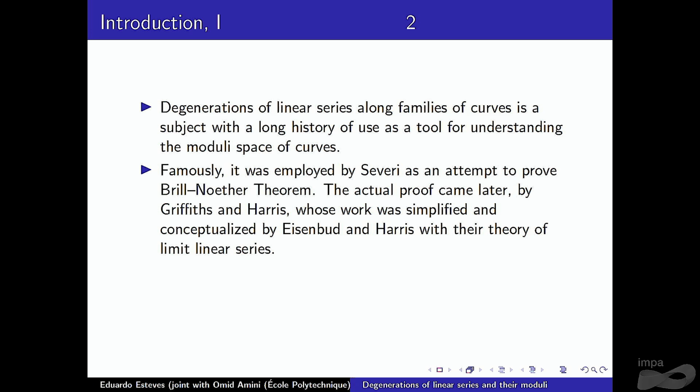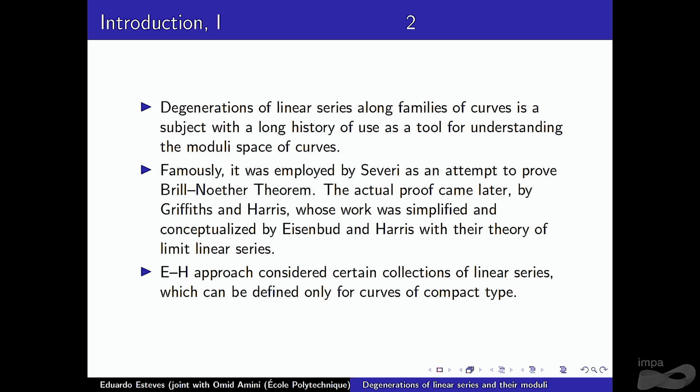It was Severi that used degenerations to give a proof, and the actual proof came later by Griffiths and Harris. And the work was conceptualized by Eisenbud and Harris with their theory of limit linear series, which I'm going to talk about in a moment. So the Brill-Noether theorem gives you the dimension of the variety of linear series on a curve. It gives you the dimension of that for a general curve, for instance.